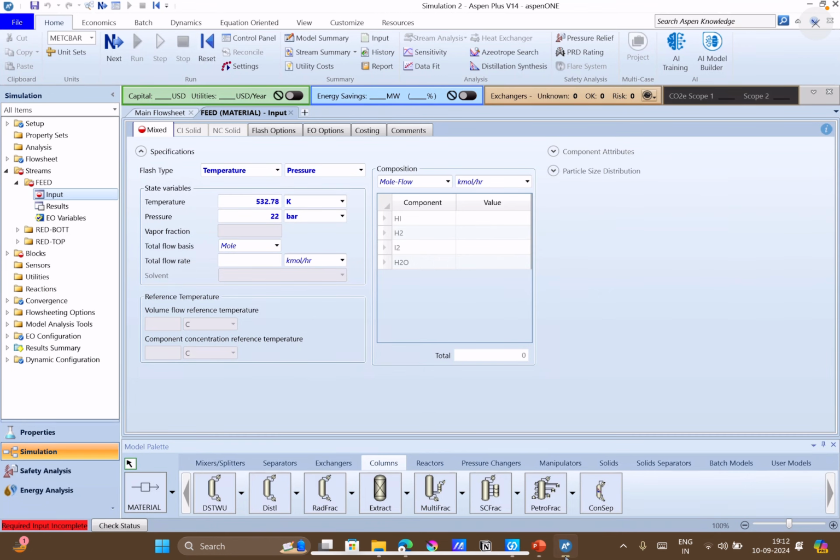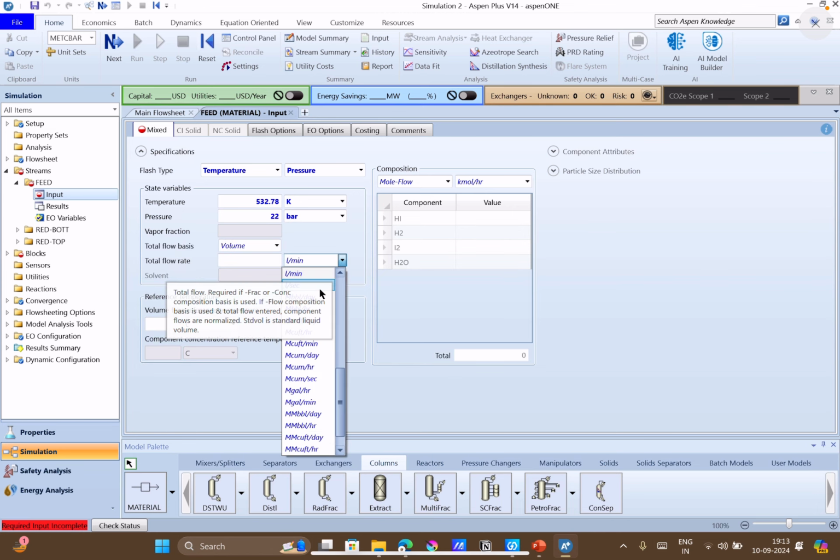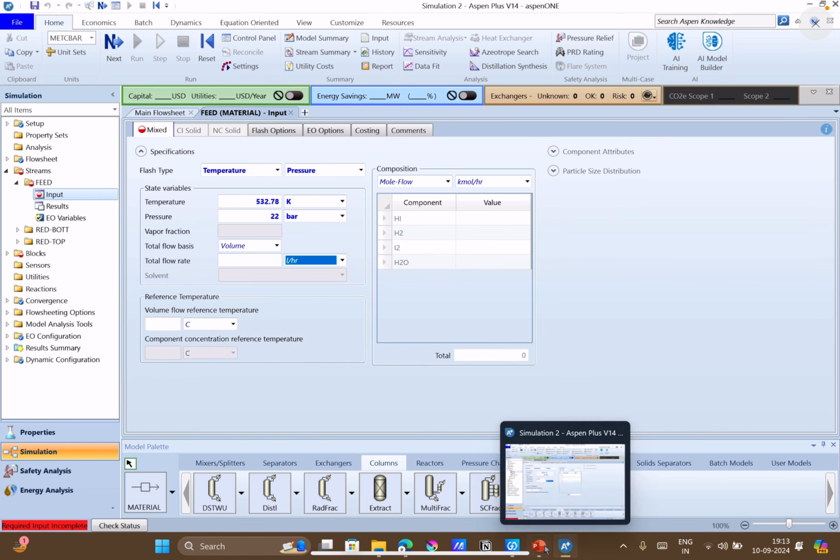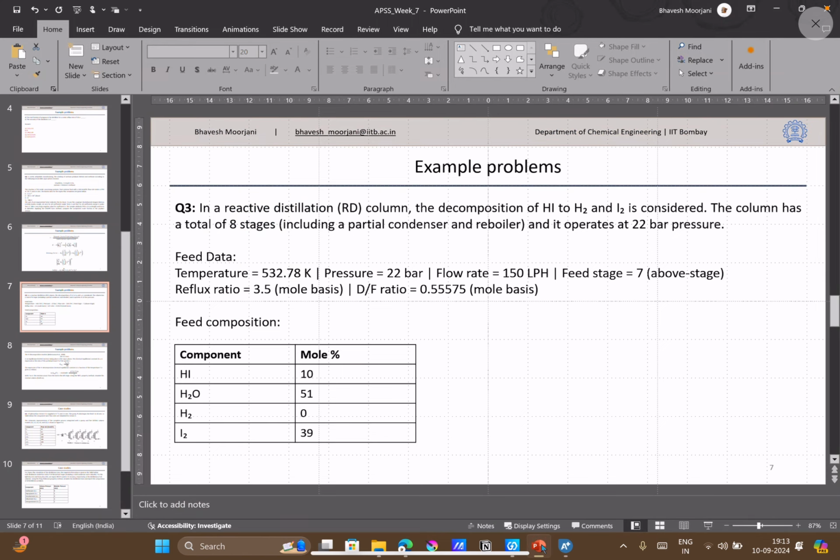So instead of total molar flow, I will select the volumetric flow rate, in liter per hour, and that value is 150. The mole fractions are also provided.